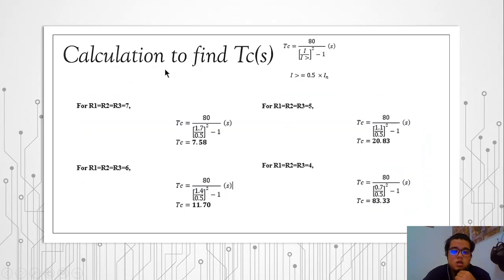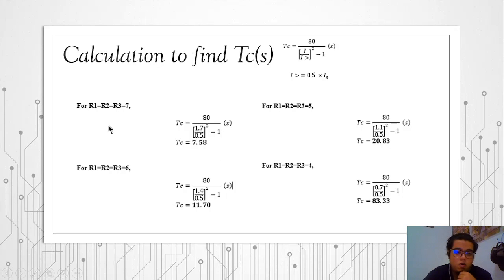So this is the calculation to find the TC by using the TC formula, which is 80 divided by current more than, squared, minus 1. Current more than can be found by using 0.5 times IN, where IN in this lab is 1 ampere.